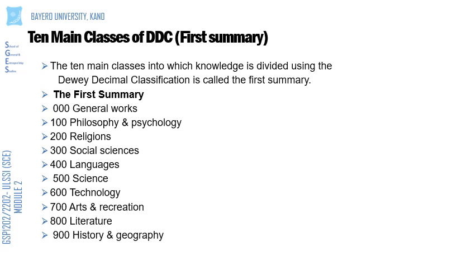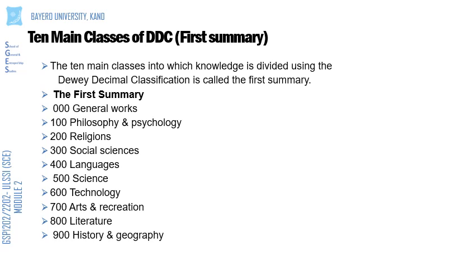The 10 main classes into which knowledge is divided using the Dewey Decimal Classification scheme are called the first summary. In the first summary, we have 000 general works, 100 philosophy and psychology, 200 religion, 300 social sciences, 400 languages, 500 sciences, 600 technology, 700 art and recreation, 800 literature. Then we have 900 history and geography.